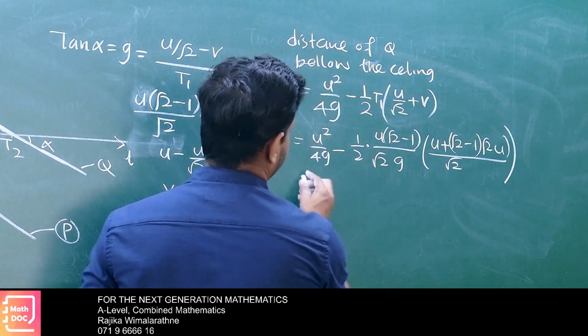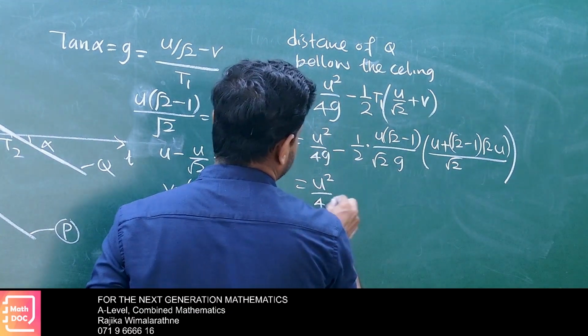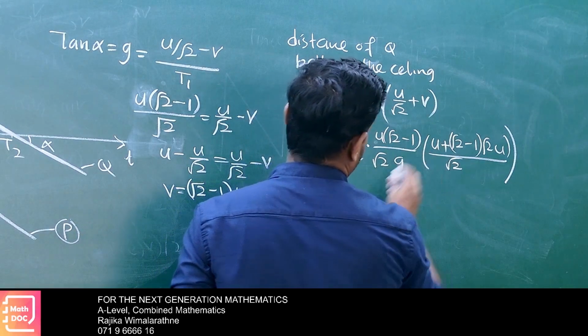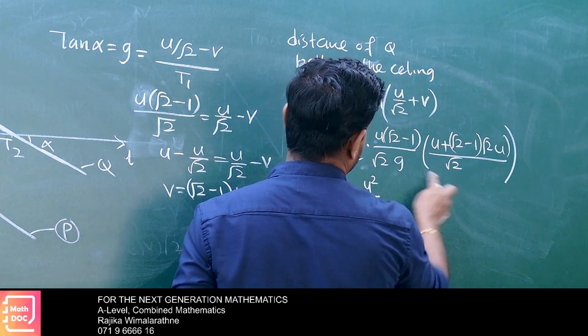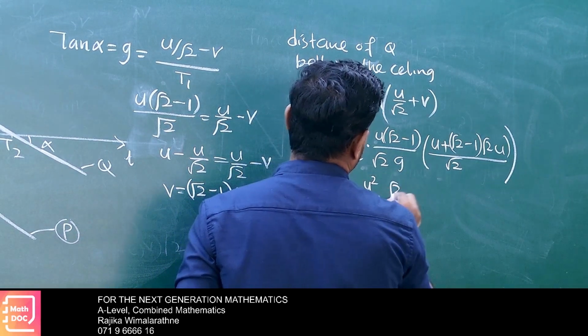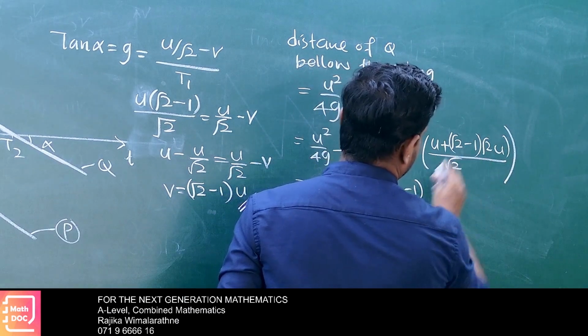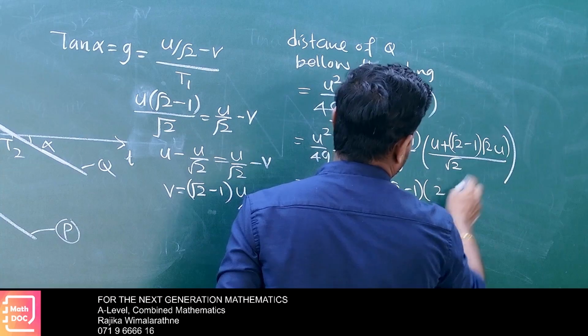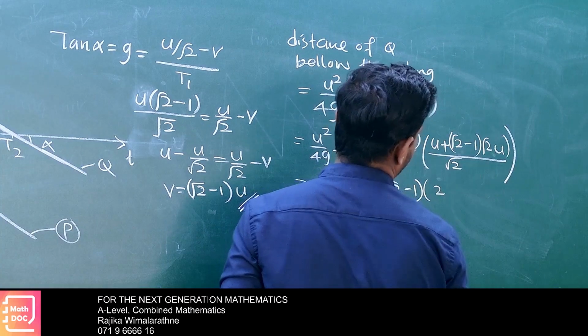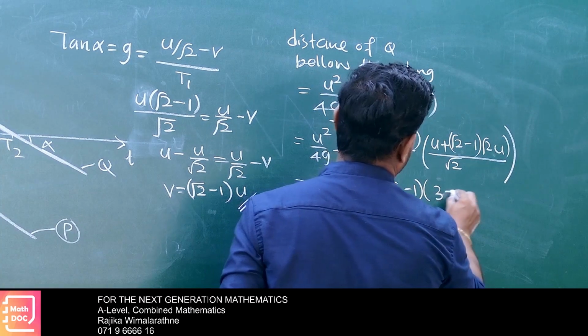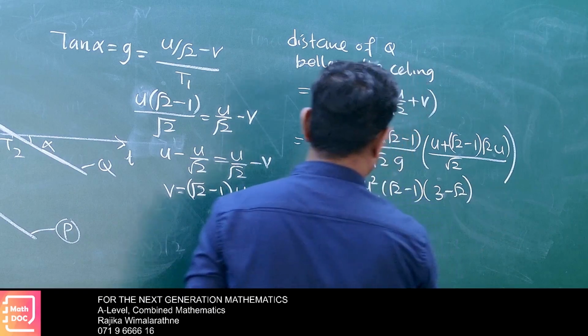Now simplify: U squared over 4g minus, again, U squared over 4g times root 2 minus 1, and here 2, 3 minus root 2.